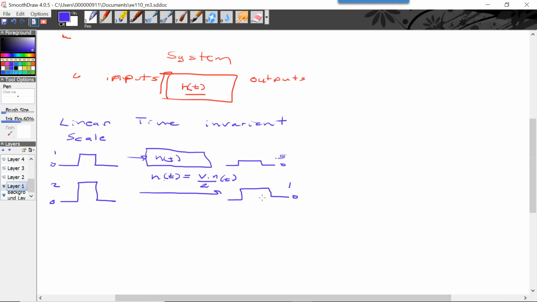Now, the next one is delay. So if we delay our input, so this was T1, now we're going from 0 to 1 at T2.